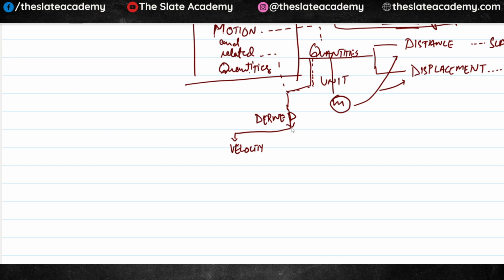How do I define speed? So, speed is distance per unit time, whereas velocity is displacement over time.